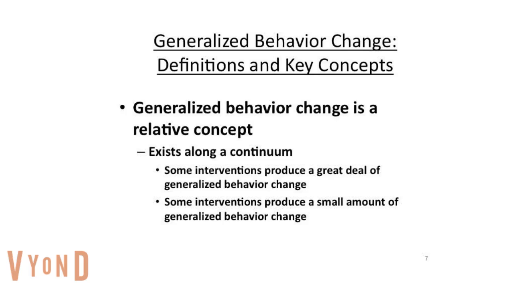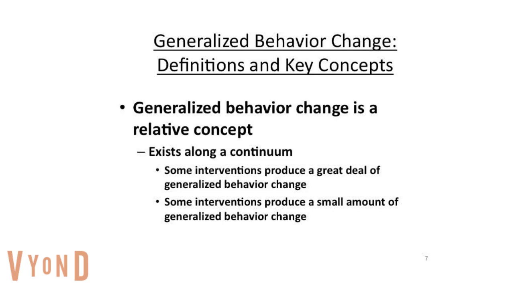Generalization is a relative concept. It exists along a continuum, and that means that some interventions can produce a great amount of generalized behavior change. After we've terminated the intervention, the learner can emit all these different target behaviors and several functionally related behaviors that were not necessarily taught.